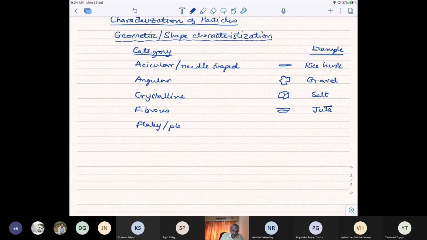Flaky or plate like, an example of this could be mica. Dendritic, where you have sort of complex fractal type shape.